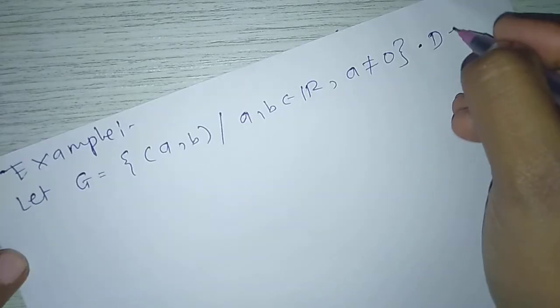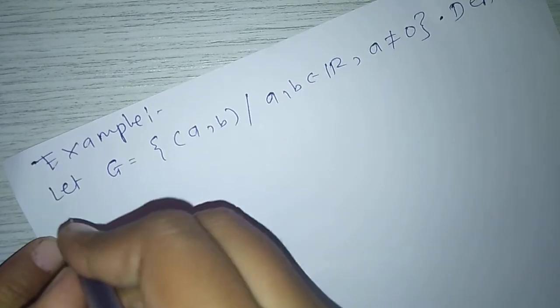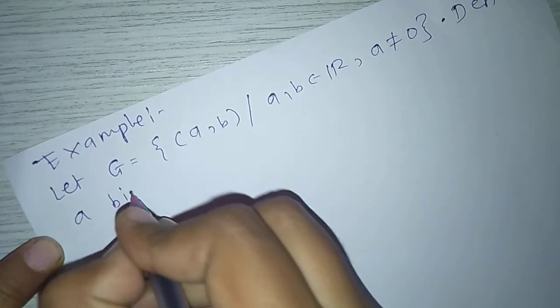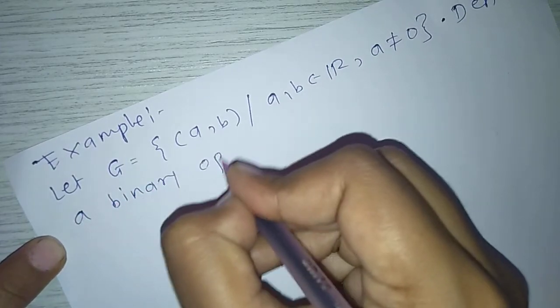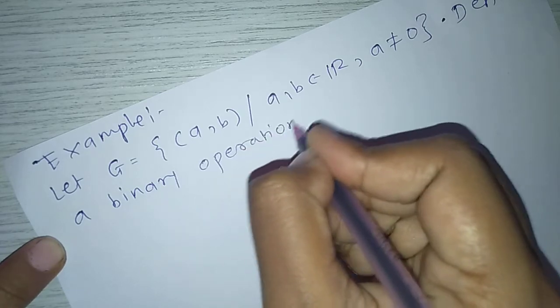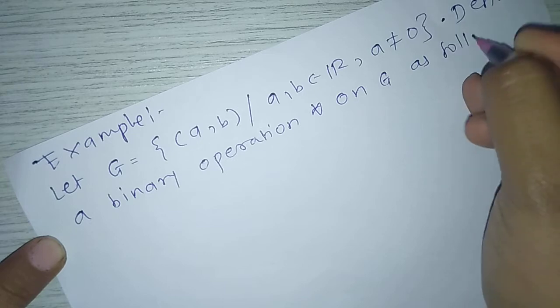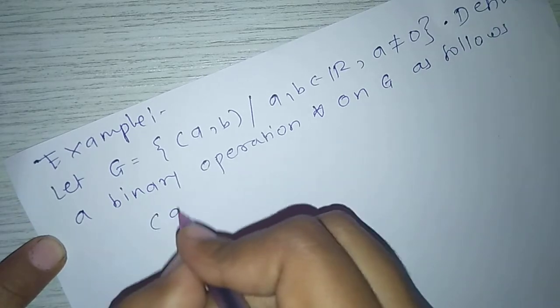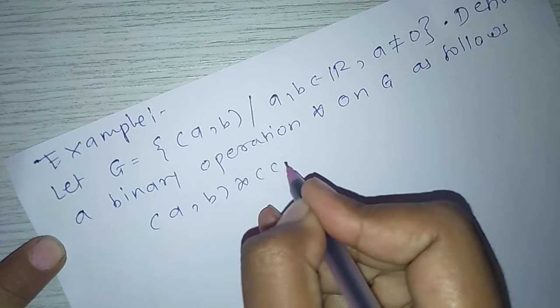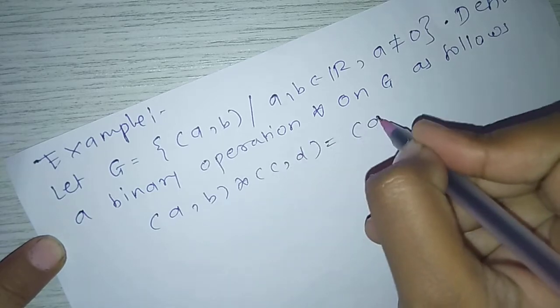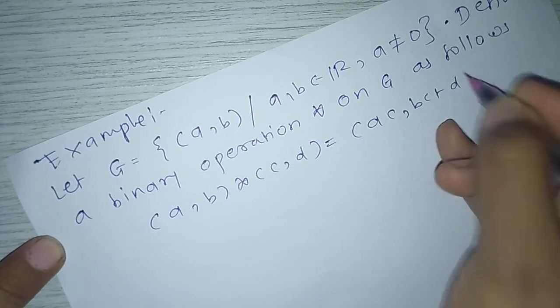Define a binary operation star on G as follows. (a, b) star (c, d) equals (ac, bc plus d).